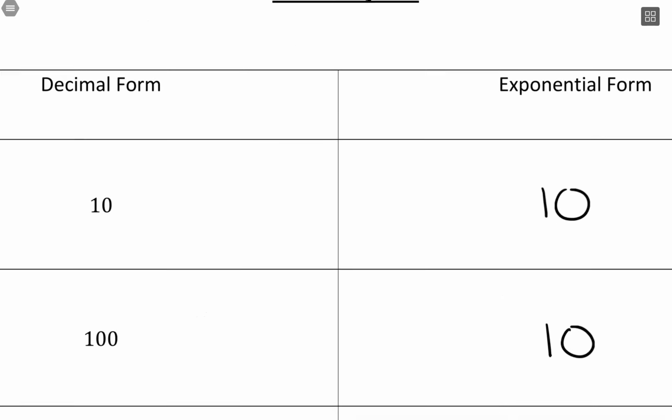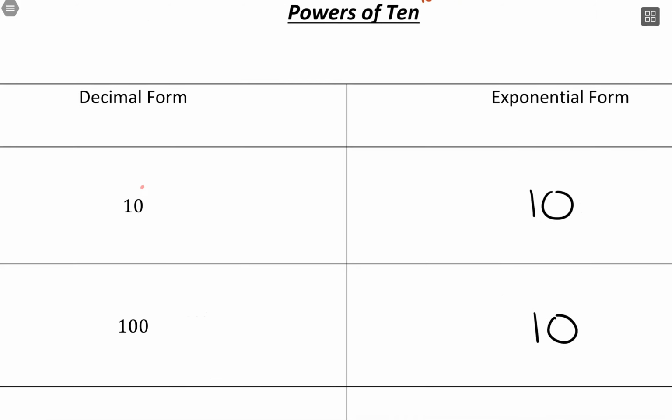For this first example, where it's just 10, the exponent that we would need on 10 is just a 1. If we have an exponent of 1, it just keeps the base as it is, and that would be it.